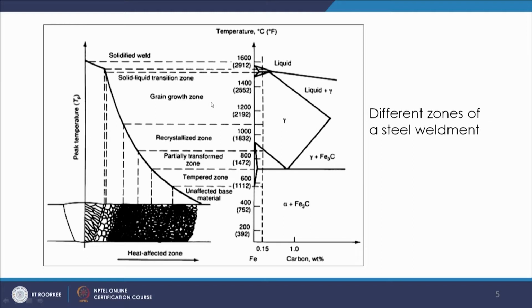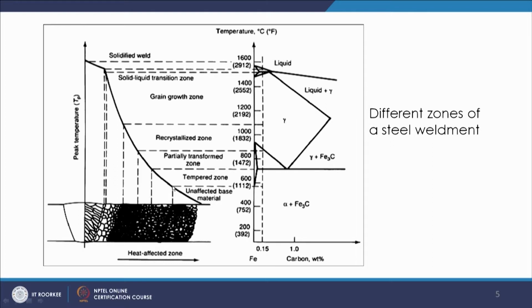Then after the grain growth zone, you will have the zone subject to a lower temperature than the grain growth zone, known as the recrystallized zone. Here you will have refinement of the grain occurring, so that is also known as the grain refined zone.